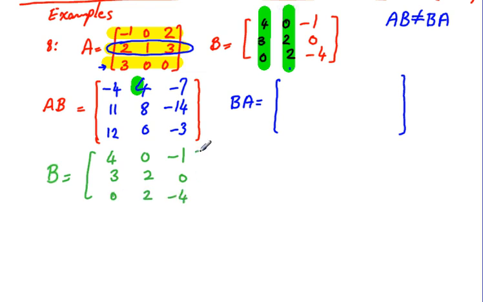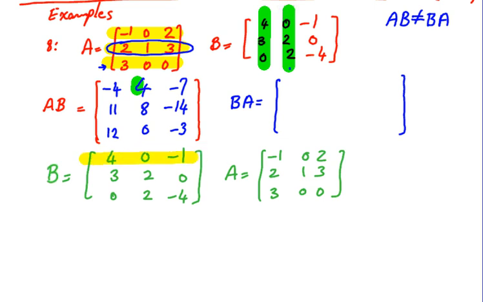So here's my B, here's my A, so it's minus 1, 0, 2, 2, 1, 3, 3, 0, 0, and this time we are picking out these rows and multiplying them with these columns.